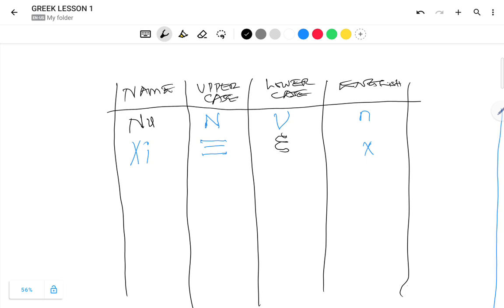The next two are easy. The next three, actually, maybe 4, 5. And so the next letter is Omicron.